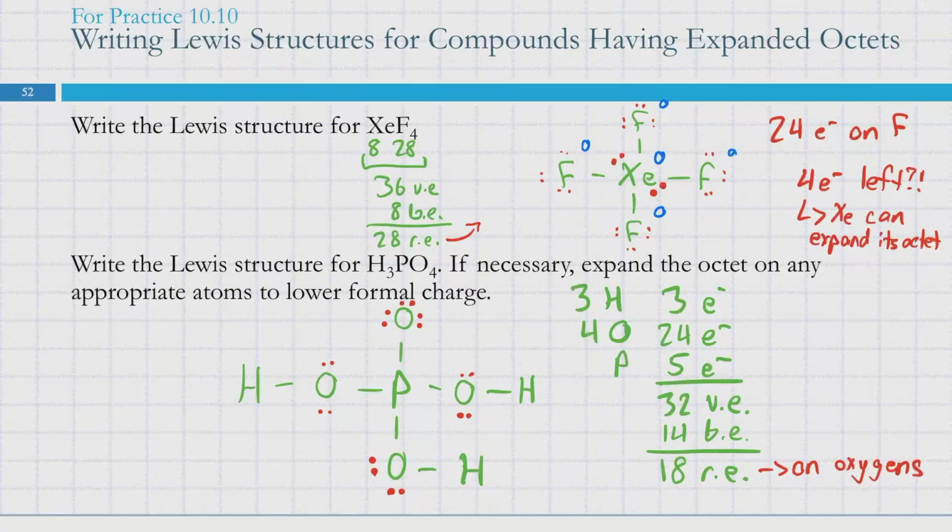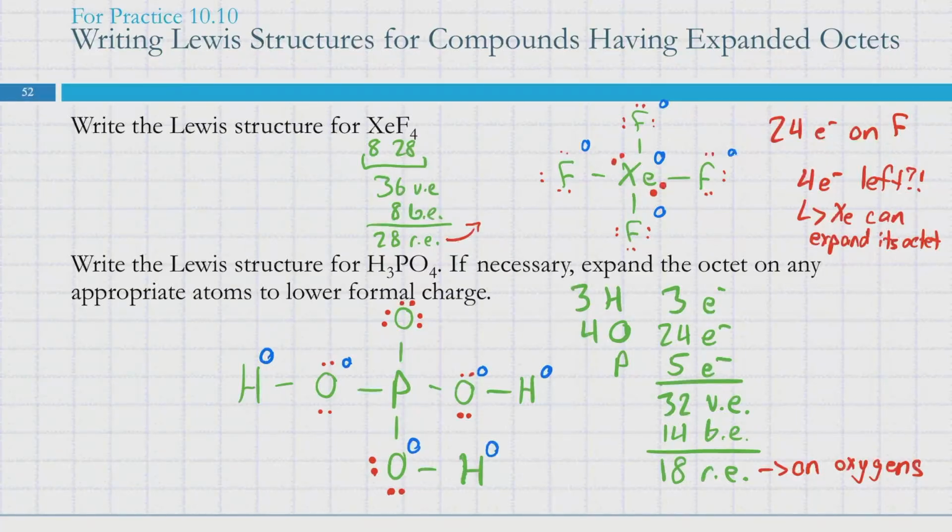If we look at our formal charges, oxygen likes to have 2 bonds because it gets a formal charge of 0. So we've got our 4 in the lone pairs, 1 from each of the bonds, total of 6. So for formal charges, these blue circles, those are all zeros.